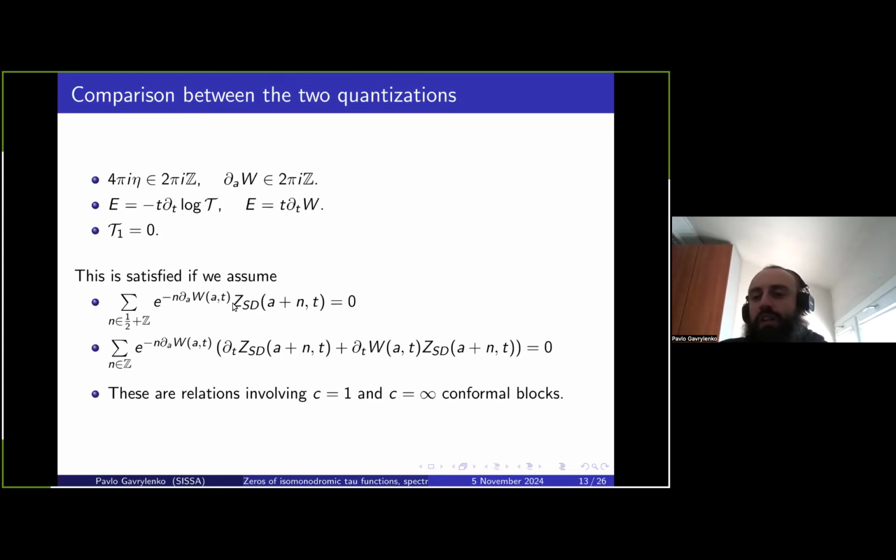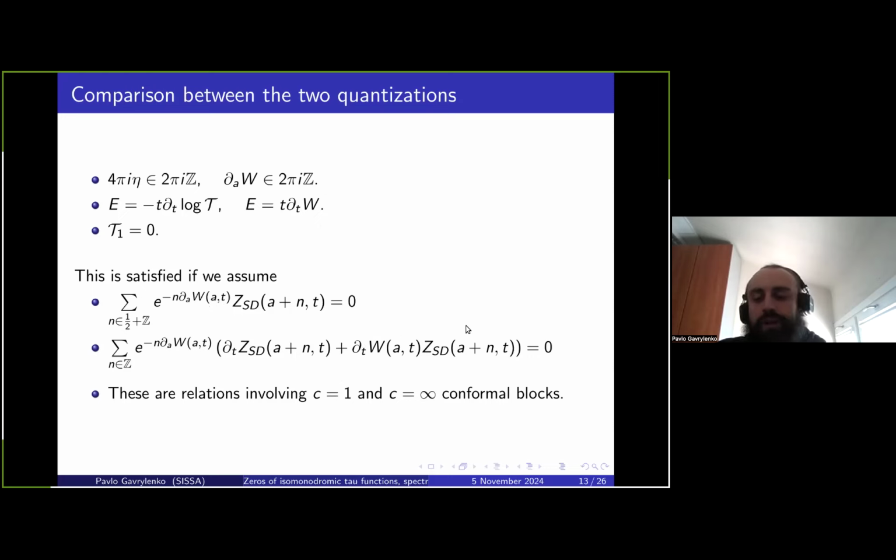So at least this is consistent with both quantization conditions. And later I will tell how this can be derived from something that people already know. We also have a kind of analogous statement for the equality of these different expressions for the energy.